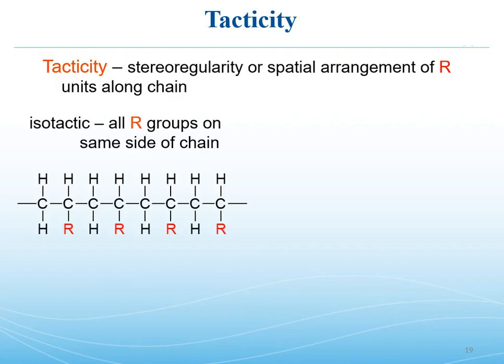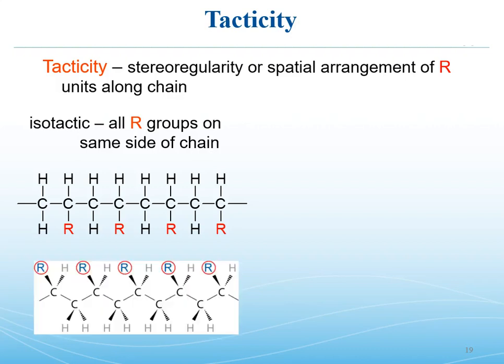So if the R were, say, a chlorine or the phenyl group with polystyrene, they would be hanging there on the lower side of the molecule. And this is just a 3D version of it, showing the bond angles if this were, say, a vinyl polymer.